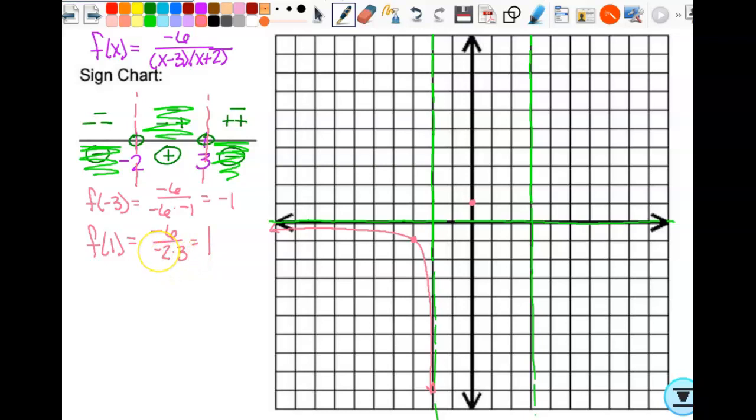I substituted in, and I got lucky. Basically, I did something stupid here, but I still got 1. Whatever. So when I'm at 1, I'm at 1. What that tells me is, I don't know exactly where my minimum is, but I know it's somewhere between 0 and 1. Does that make sense? Okay, good enough. So I can sketch this in.